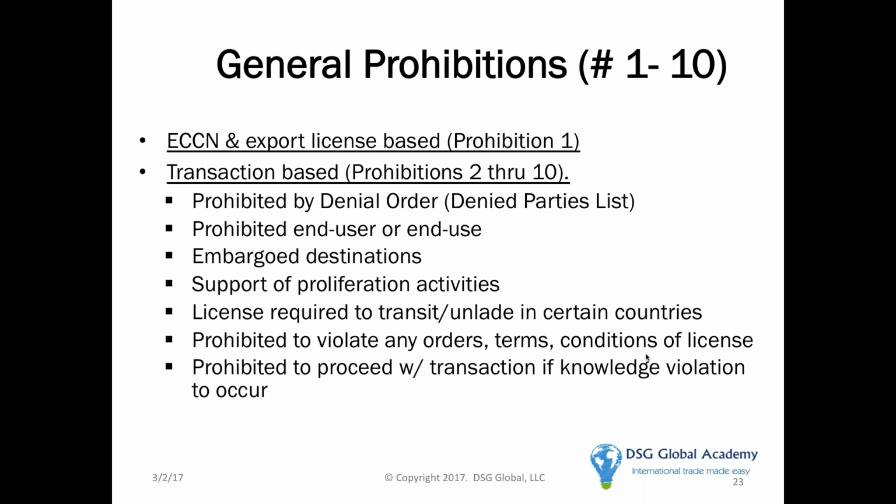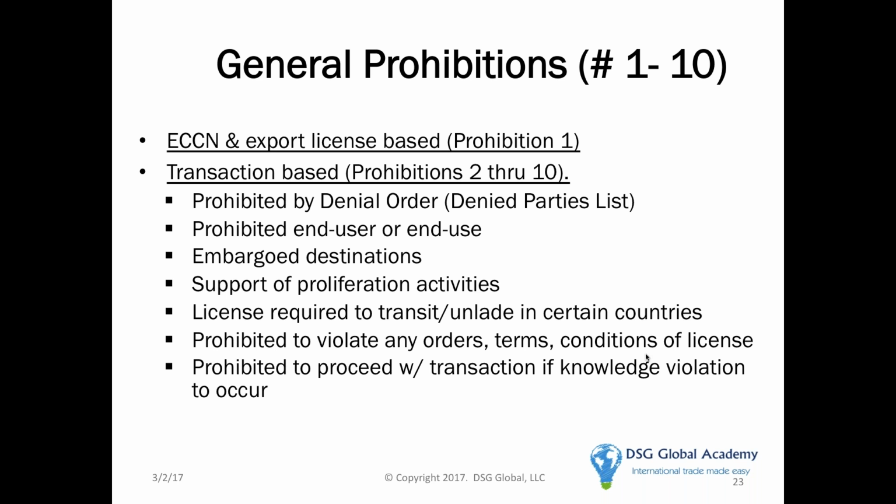And you know, the last line is very important. It says you are prohibited to proceed if a knowledge violation occurs. What that means is if you're shipping to your customer in Mexico and the product's okay, and it's just aluminum rods, but you know that they are going to ship it around the world to Syria where there's an embargo.